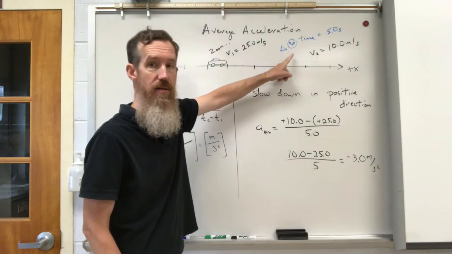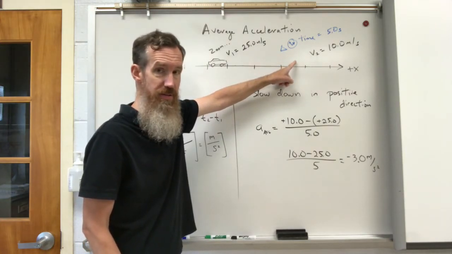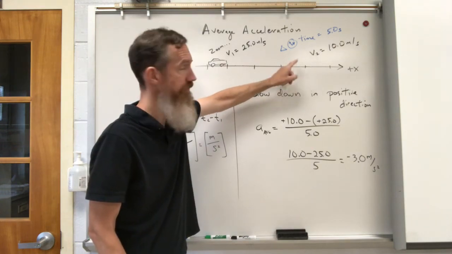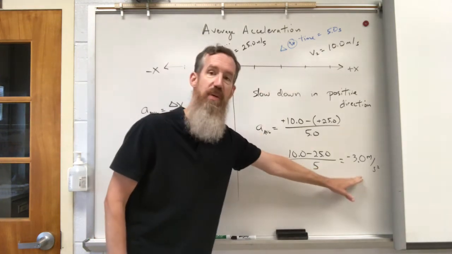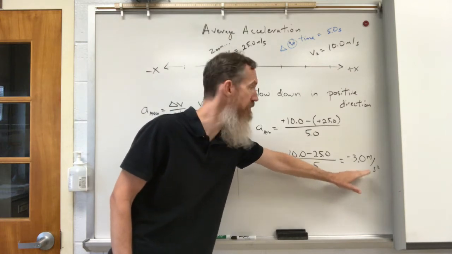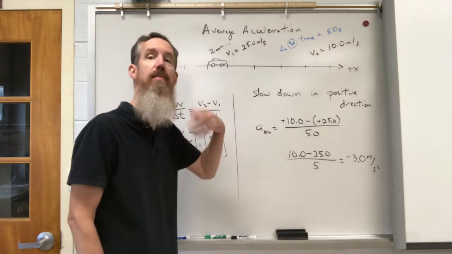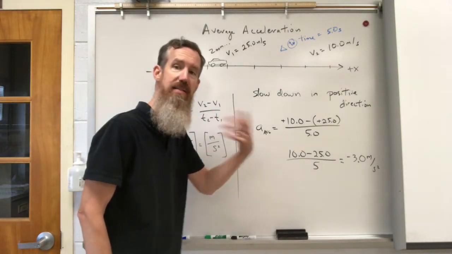And then subtract another 3 meters per second for the next second of travel. You get the gist. So you lose that much speed per second. 3 meters per second lost per second. Or in the other example, it will be so many meters per second gained per second.